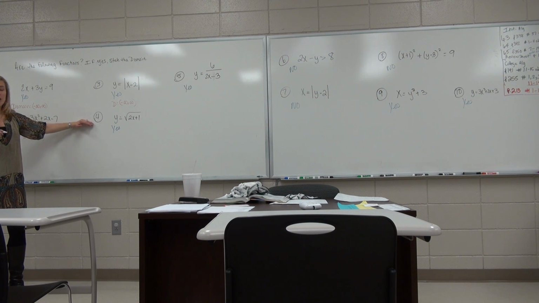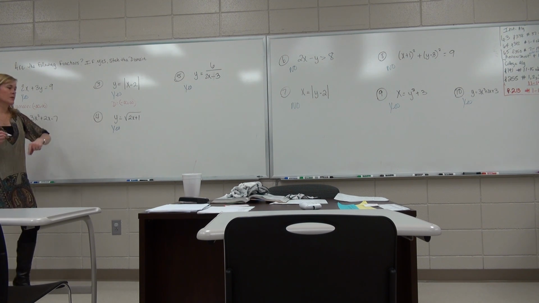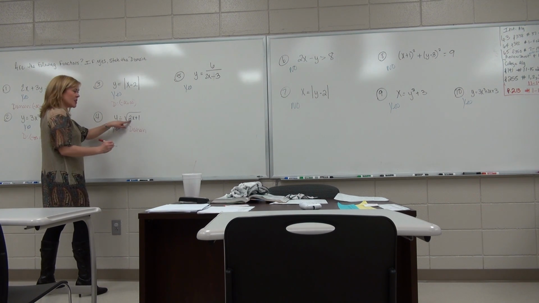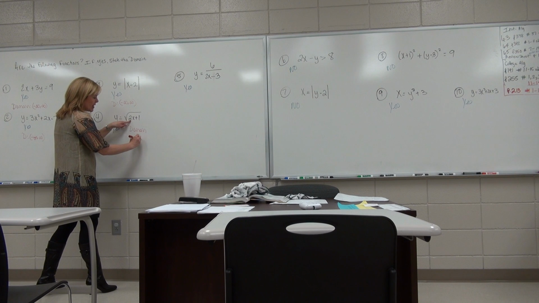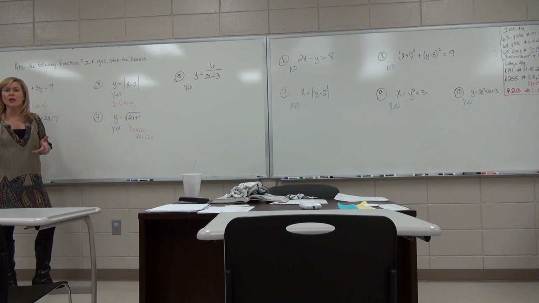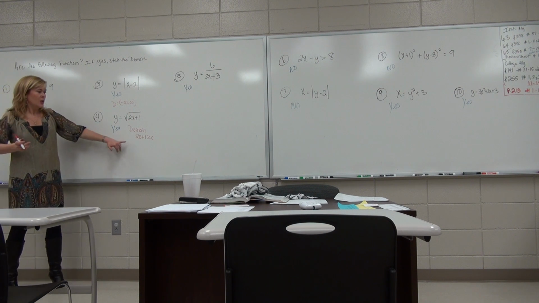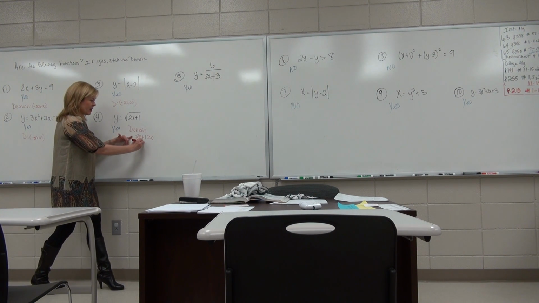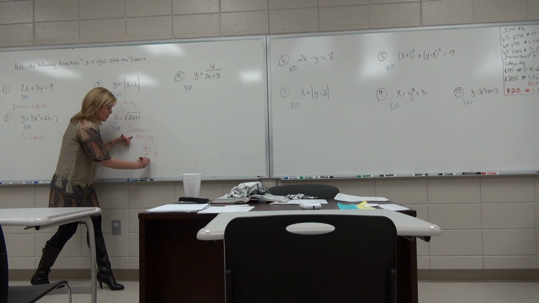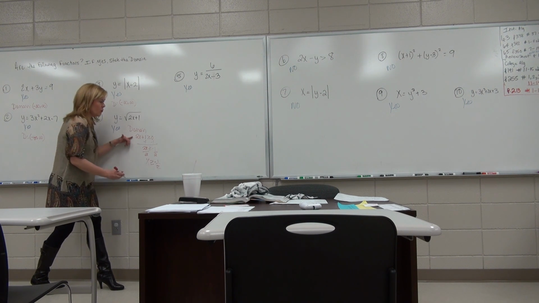Number 4. Well, we got a square root sign, so let's figure out the domain. Whatever's underneath the square root, you set it greater than or equal to 0. That means it's got to be positive. Positive numbers are greater than or equal to 0. So now we want to get x by itself. This is when 2x is greater than or equal to -1. Divide both sides by 2. So it's when x is greater than or equal to -1/2.